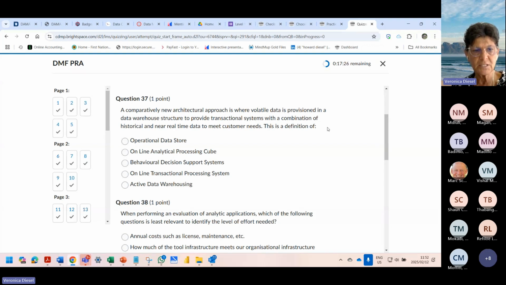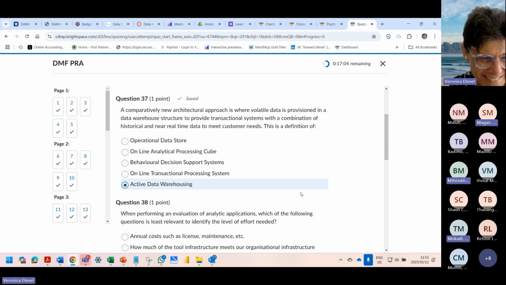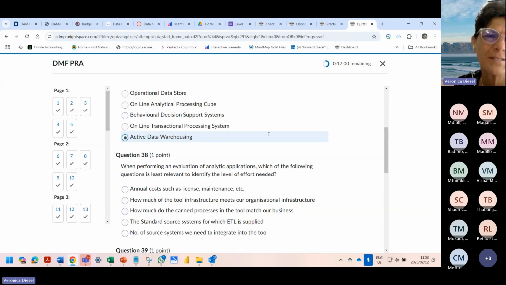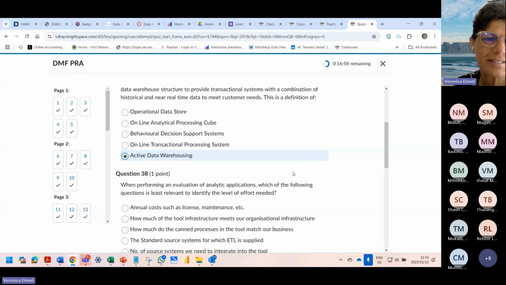This is a definition of... if I didn't know what was in the DMBOK 1, I would probably have said operational data store, but it's not. Is it online transactional processing system? No, active data warehouse, it's active. How did you know that? I took a guess. Right, so that's one of those ones that may come up and you've just got to learn it.